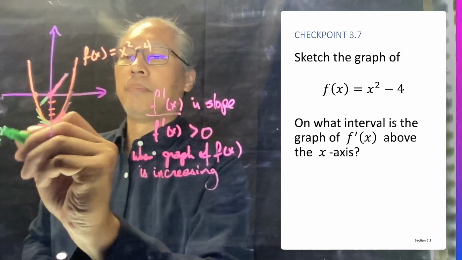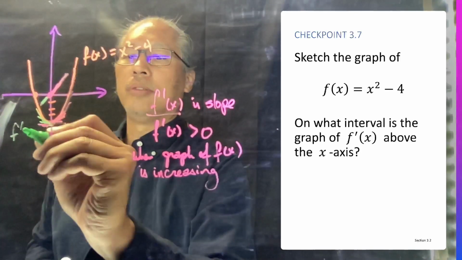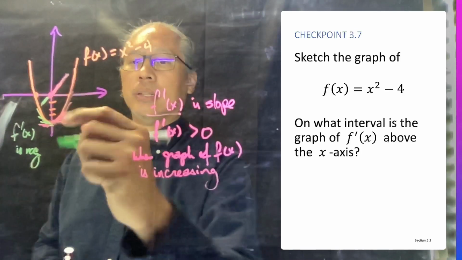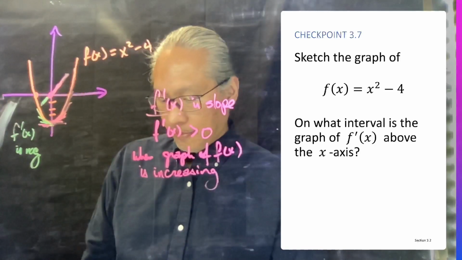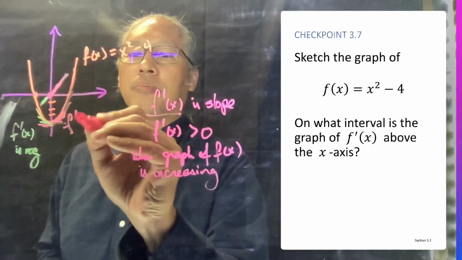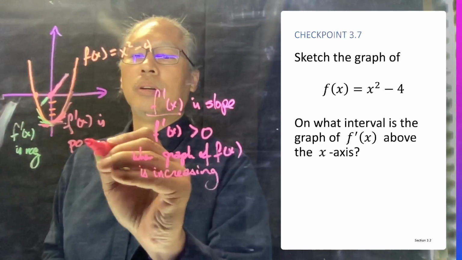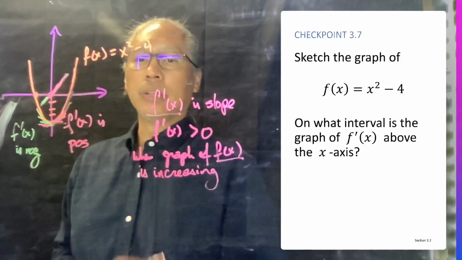So f prime of x is negative here because the graph itself is decreasing, but on the other side f prime of x is positive because the original function is increasing.